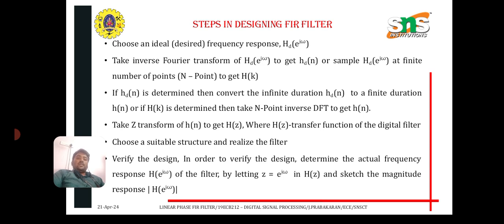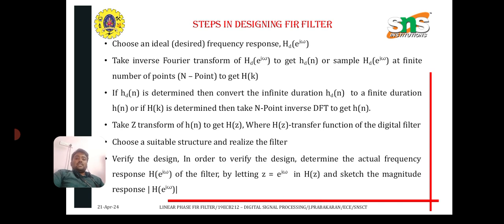Here we can see the steps in designing an FIR filter. The first step is to choose an ideal frequency response, that is HD of e power j omega, from the given specification.